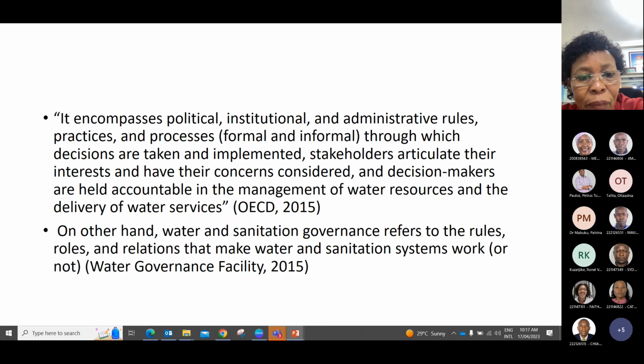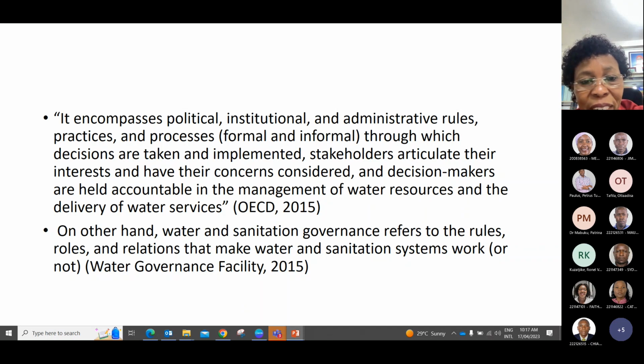Again, the OECD defined it as water governance encompasses political, institutional, and administrative rules, practices, and processes, both formal and informal, through which decisions are taken and implemented.